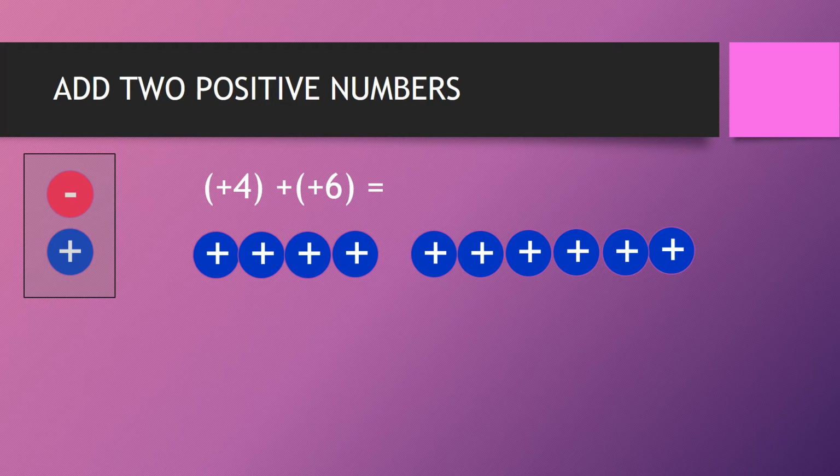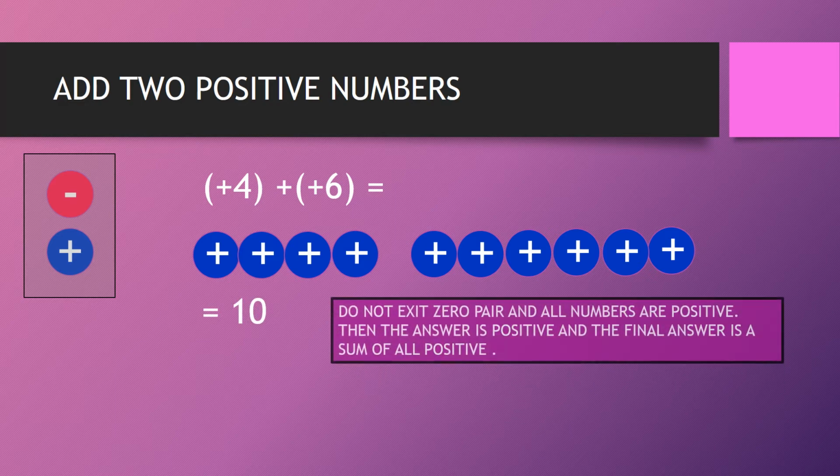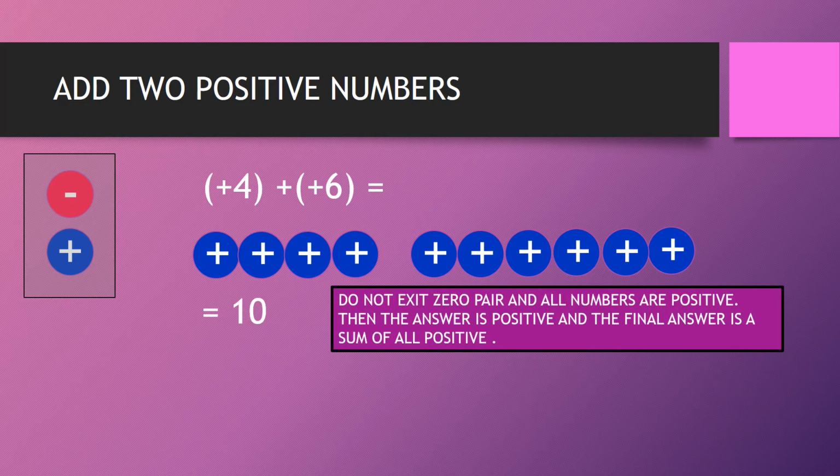If you count the number of circles, we conclude we have 10 circles. What is my conclusion? Well, in this case, I don't have any 0 pairs, and all numbers are positive.